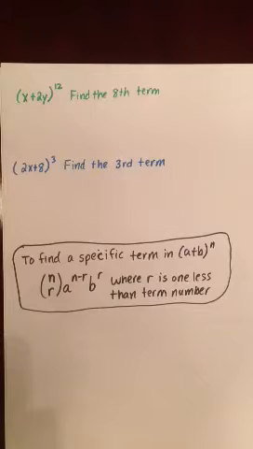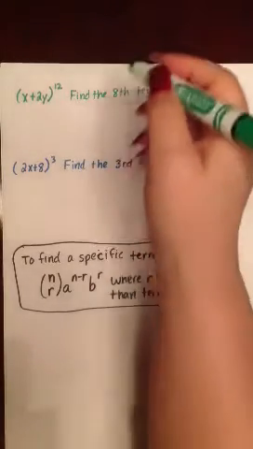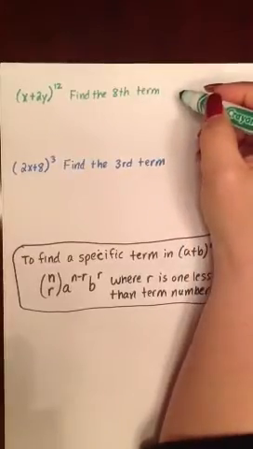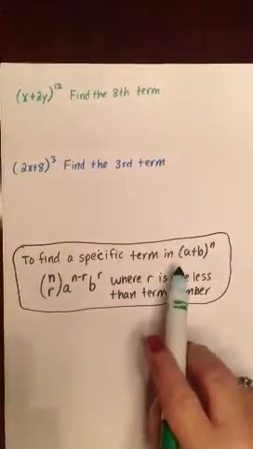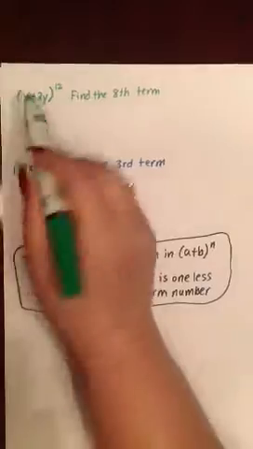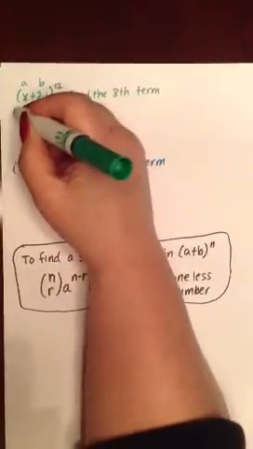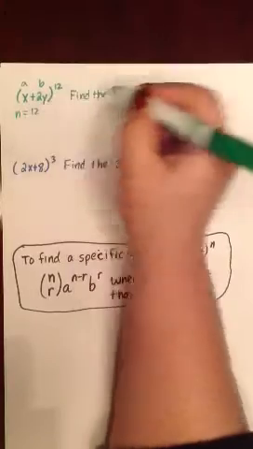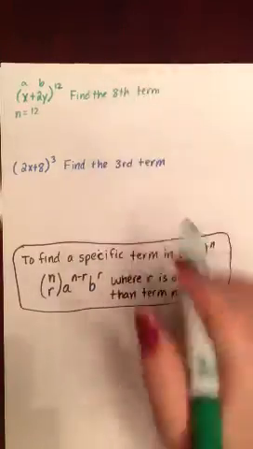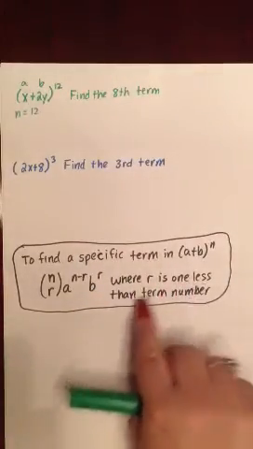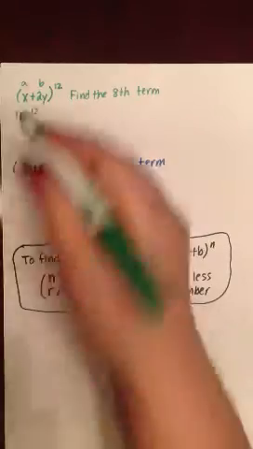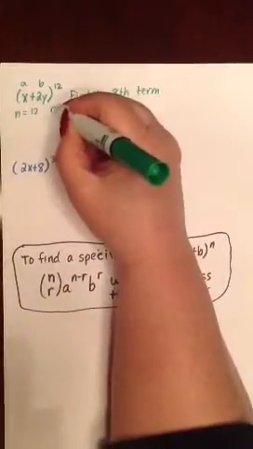So let's see if we could go ahead and find our first one. It's in the expansion of (x + 2y)^12. Well, this is like a plus b to the n, so this is kind of like the a, this is like b, and 12 is like the n. So I know n is going to be 12. Since they said find the 8th term and r is 1 less than the term number, I would say that r is 7.